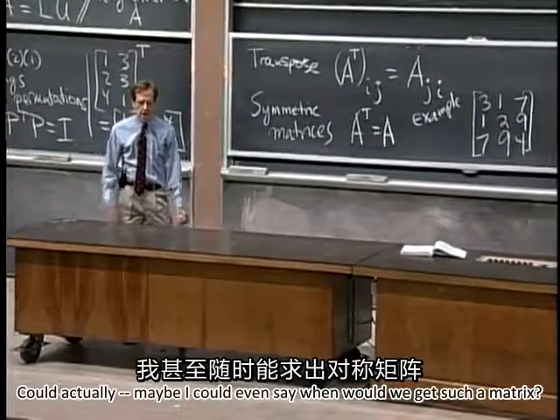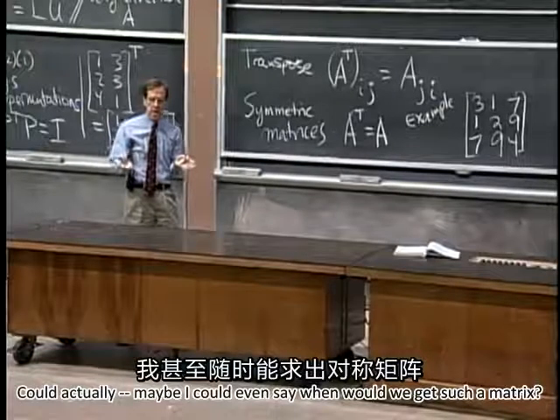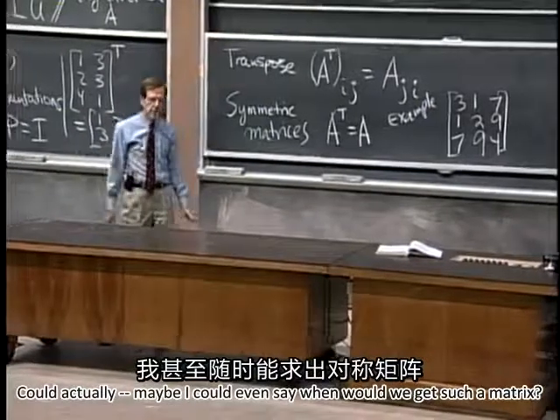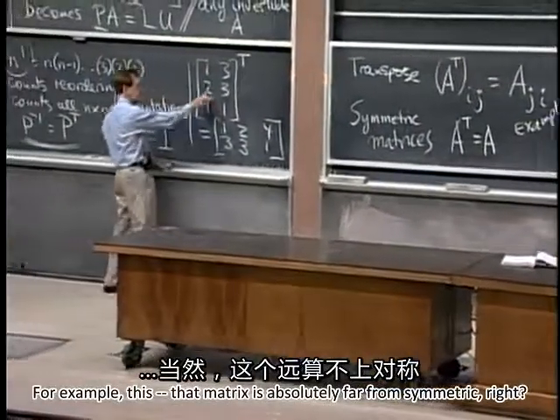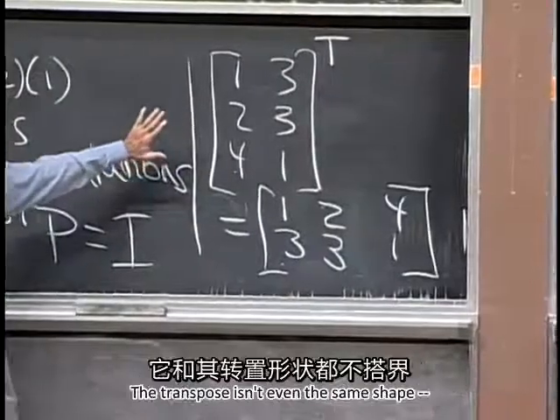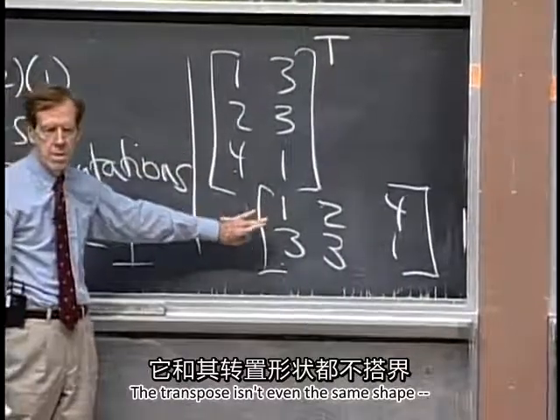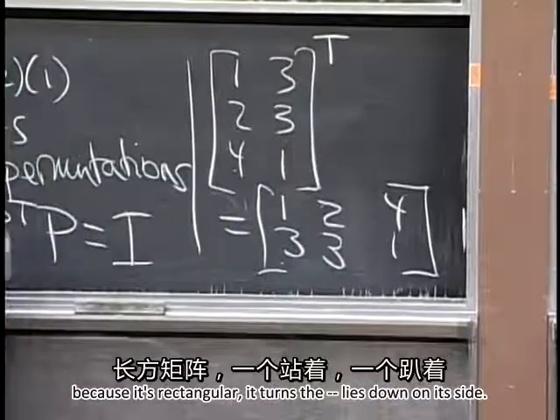Okay. Actually, maybe I could even say, when would we get such a matrix? For example, that matrix is absolutely far from symmetric, right? The transpose isn't even the same shape because it's rectangular. It lies down on its side.